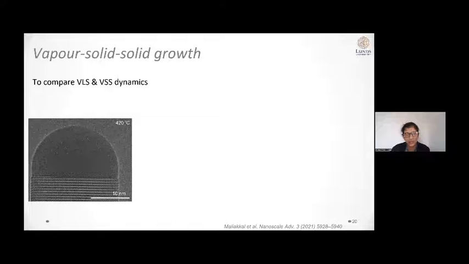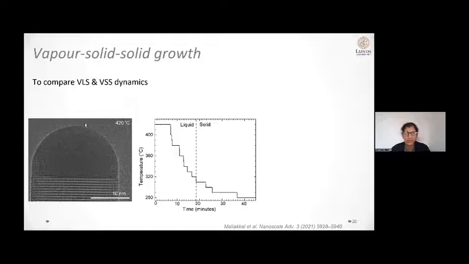Initially we started with a vapor liquid solid growth. We decreased the temperature in steps. So we started from here and we are cooling in steps and looking at the kinetics at each of these temperatures.